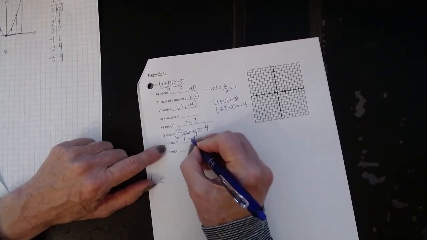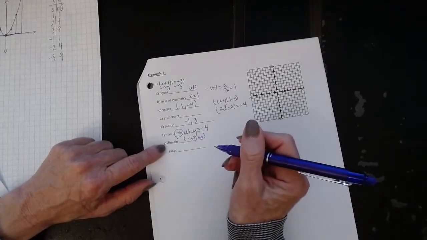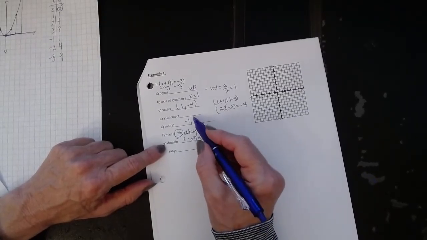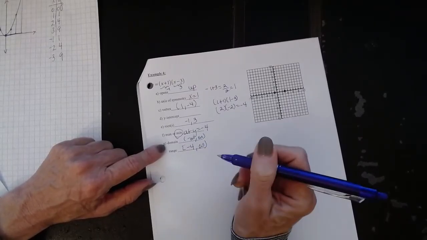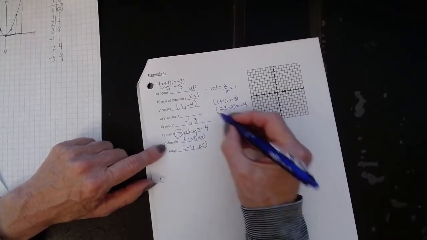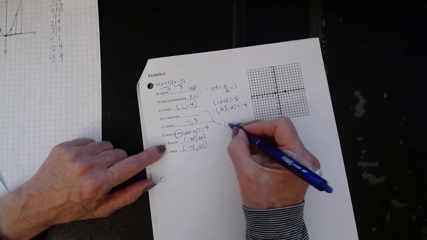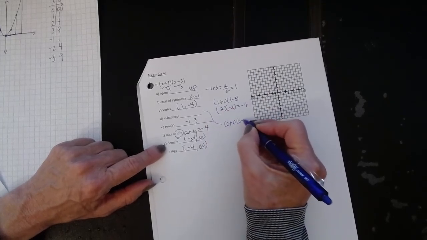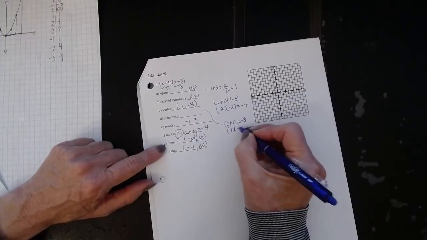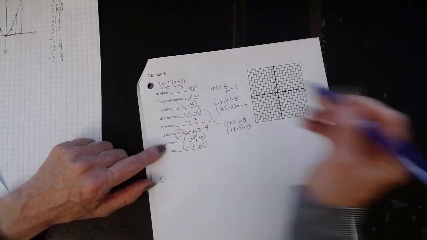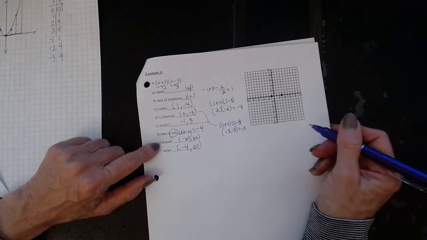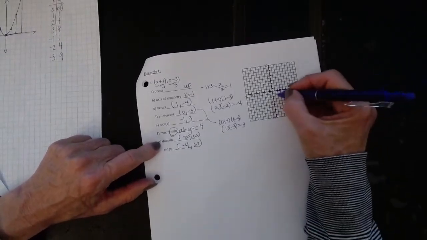My domain is -infinity to infinity. It opens up, so I start at my -4, the y of my vertex, and go to infinity. My y-intercept, let x equal 0, so 0 plus 1 times 0 minus 3. 1 times -3 is -3, so 0, -3. Vertex is 1, -4.